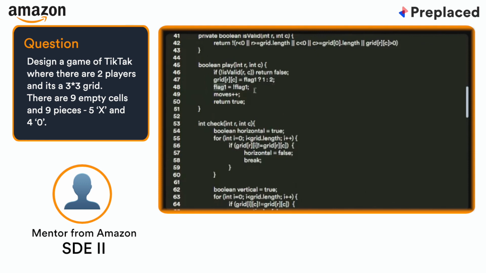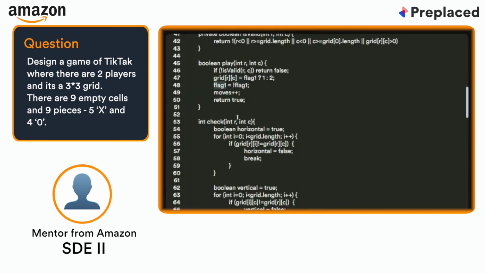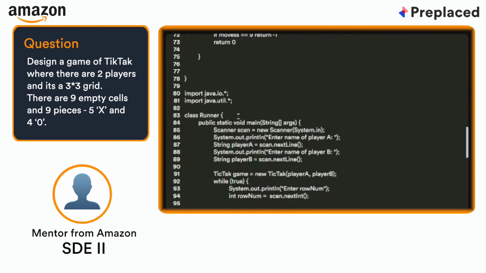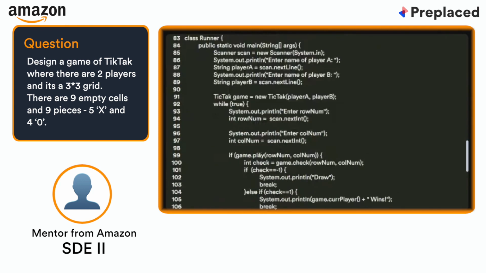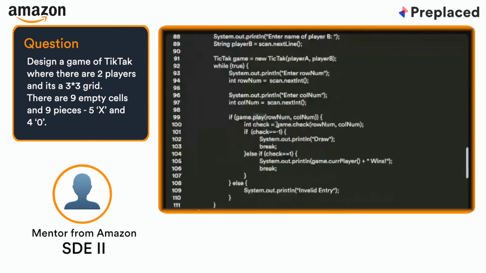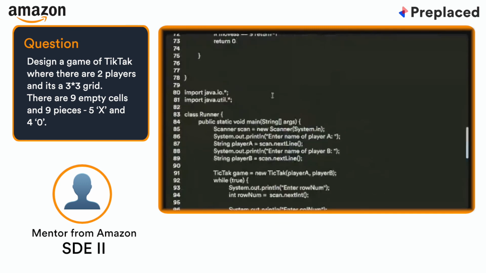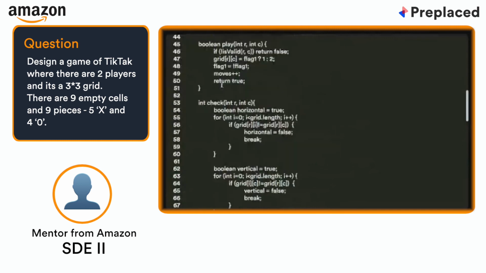But what if after playing this move player one wins? So check function is called after play, right? Yes, here. If play has returned true, then I'll be checking check. After every play, I'll be checking check here. No, no, my point you are not getting. I was trying to do it in the same place, but you told me to separate those things out.